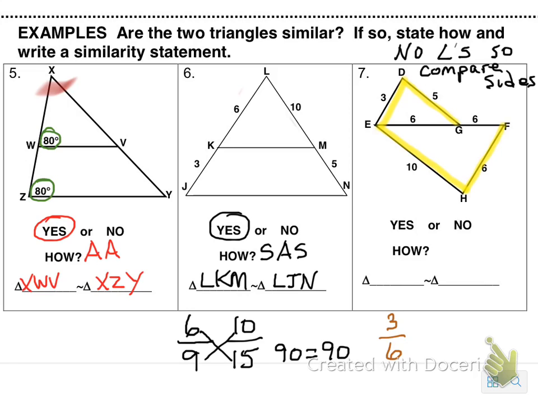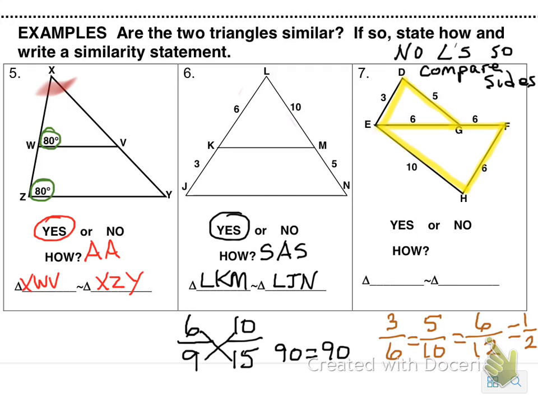Then the side DG on the small triangle corresponds to side HE on the large triangle, so we can write a ratio of 5 over 10. And finally, the side EG of the small triangle corresponds to the side EF of the large triangle, and we can write a ratio of 6 over 12.